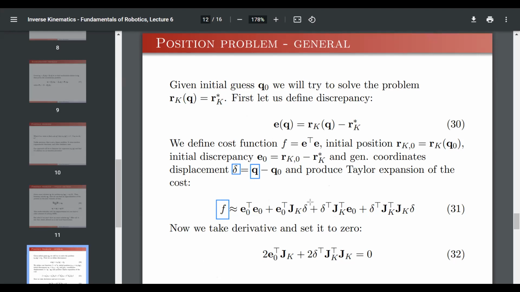But we can just verify it later: take the derivative with respect to Q, set it to 0, take the derivative with respect to delta, set it to 0, and see if the result is the same. Because the difference between Q and delta is just this constant term. Now we take a derivative with respect to delta. And this is familiar territory. This is something that we did today twice and in the last lecture once. So this part goes away.